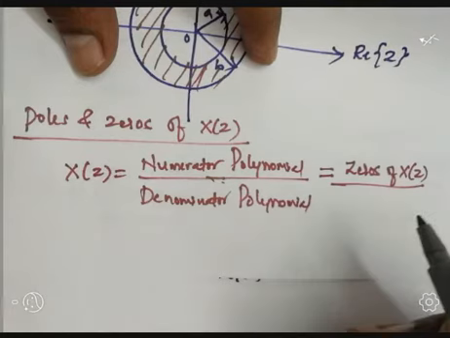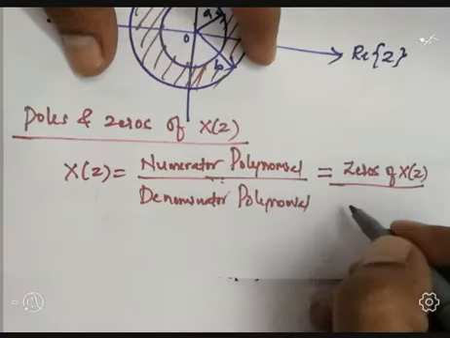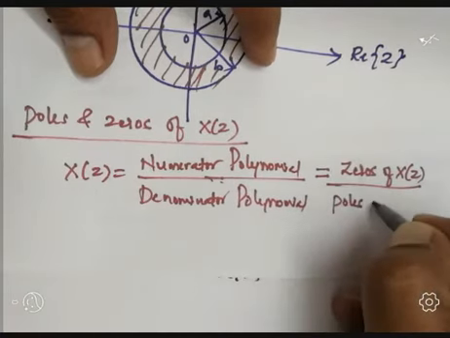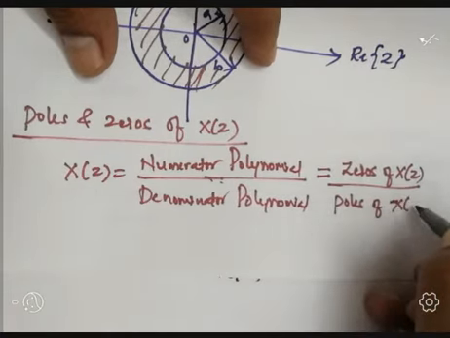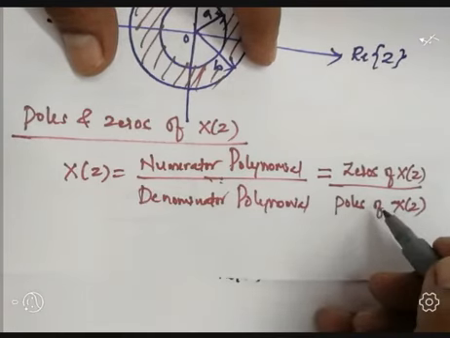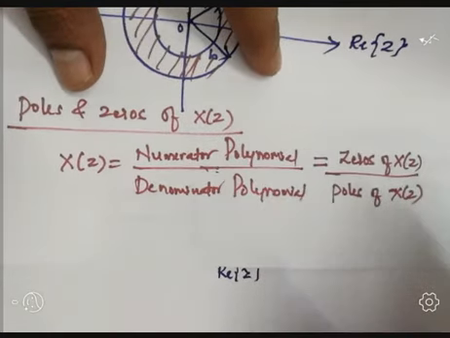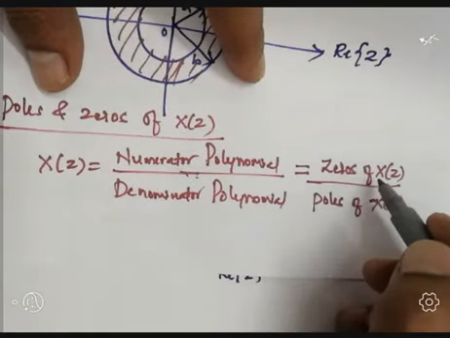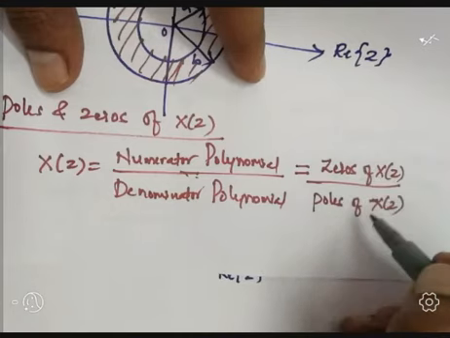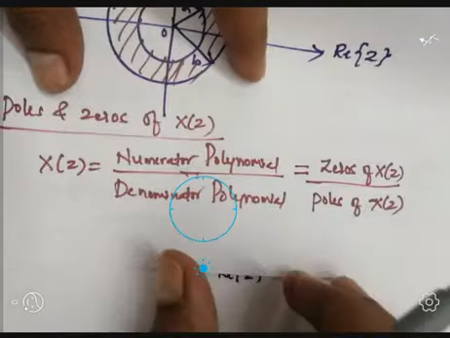And the roots of the denominator polynomial are known as poles of X of z, for which X of z equals infinity. Remember, for zeros X of z is 0, for poles X of z is infinity.